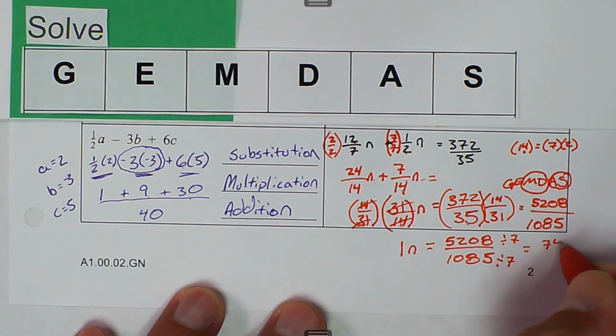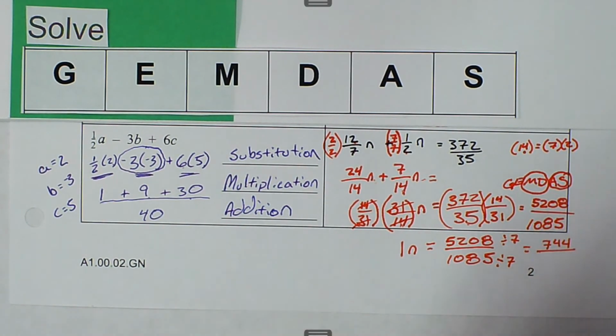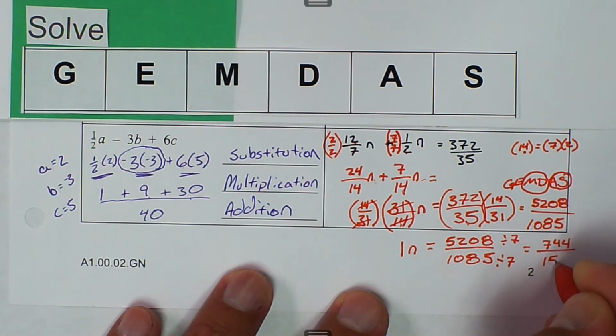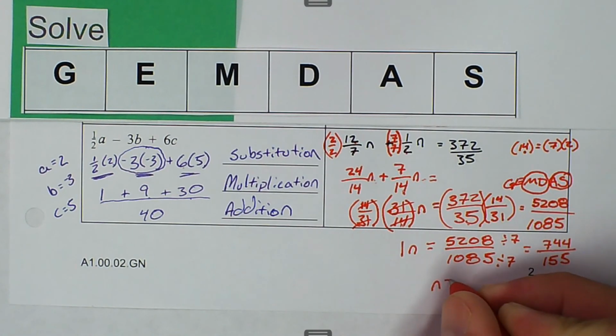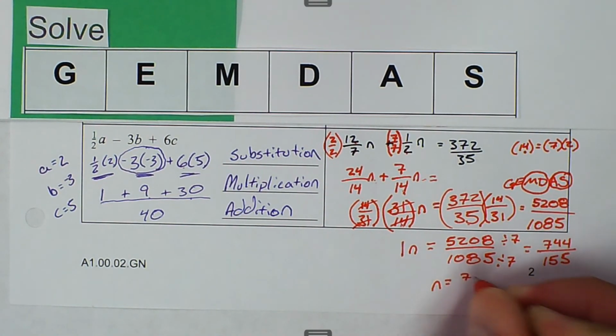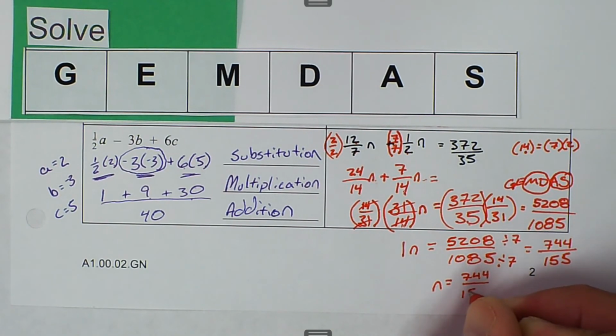So this is 744 in the numerator, and 1,085 divided by 7 is 155. And at this point, I'm not sure if that will reduce any further, but we can leave it as n is equal to 744 over 155.